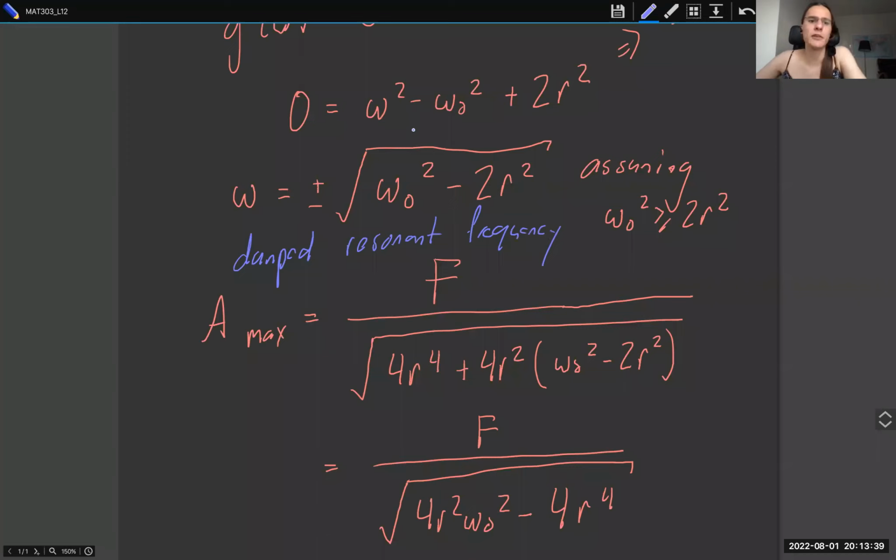And if you look at what the resonant frequency is, forget about the sign. Originally, it was omega naught squared, but now we're subtracting 2R squared. So the resonant, well, rather, this is omega. The period is 2 pi divided by omega. So we're going to divide by a number.